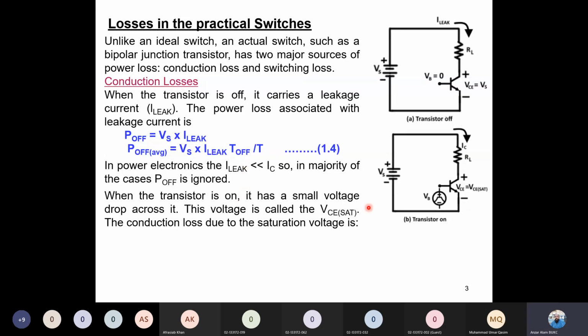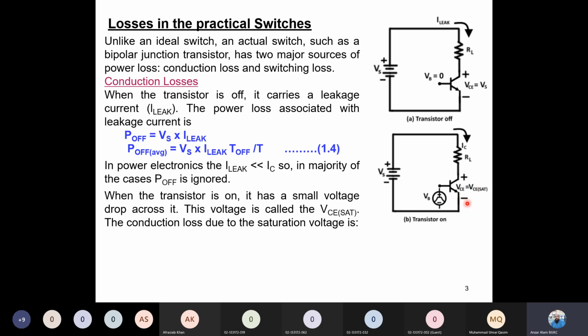When the transistor is on, you can see here a high pulse from the PWM is given to the base terminal. So the base terminal has a high pulse and the transistor will turn on. For a practical transistor, when it turns on, it has a voltage of 1.2 or 1.5 or 2 volts.